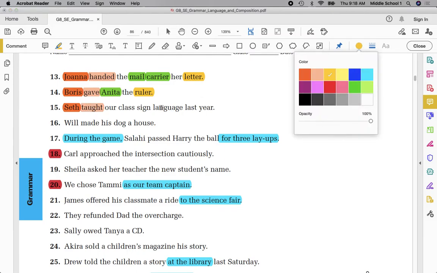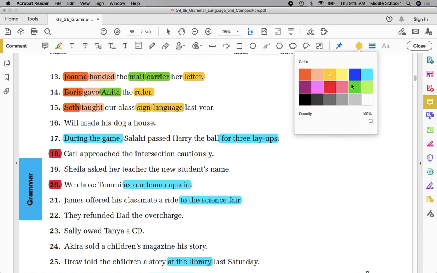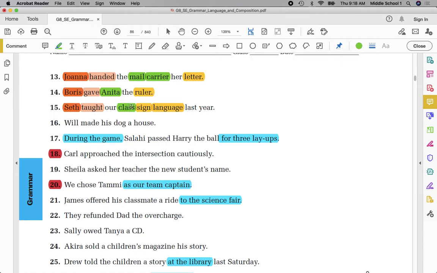What did he teach? He taught language, or somebody might say sign language, somebody might say it's compound. And to whom did he teach it? Class. Again, I'm noticing the pattern, subject, verb, indirect, direct. If there is an indirect object, it has to follow that pattern.